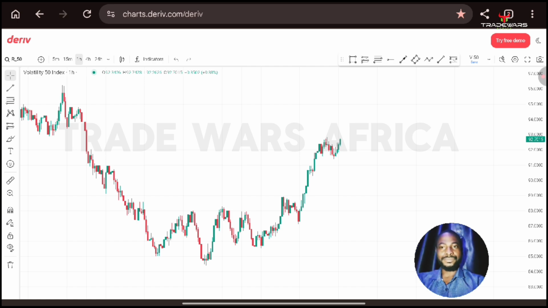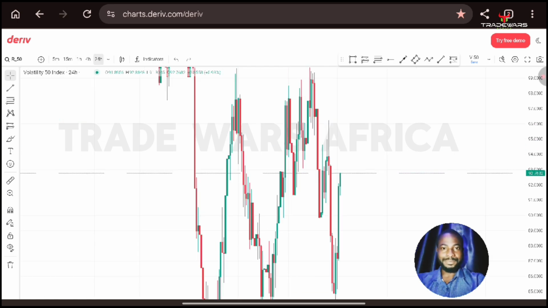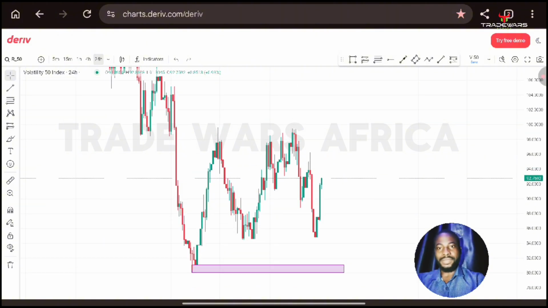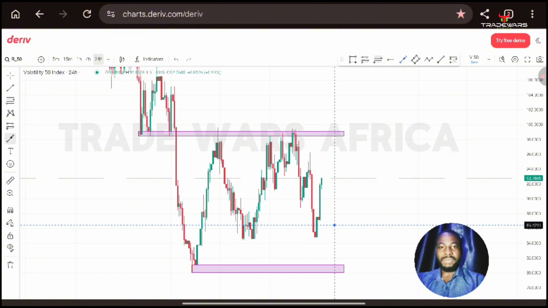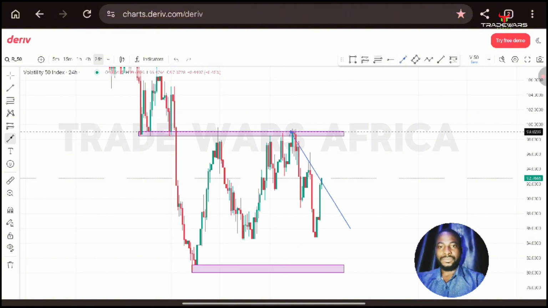Now, how I do it, I go to a higher time frame, like the daily time frame. Okay, so this market has given us a zone here. I believe you guys know how to mark your major zones and minor zones already. Here's a zone. The market has come here about four times, making it a very strong zone.